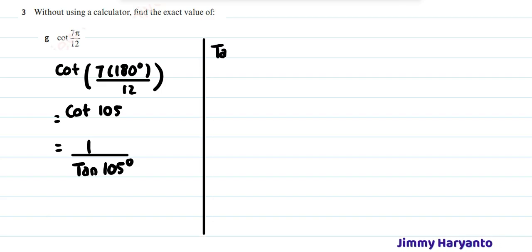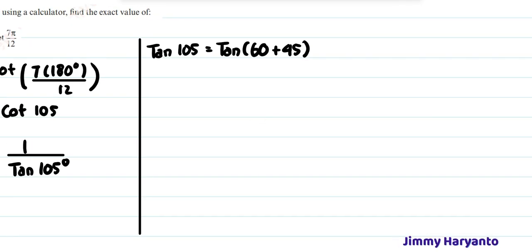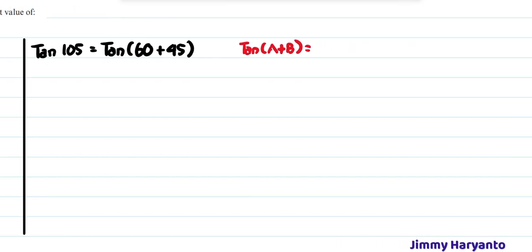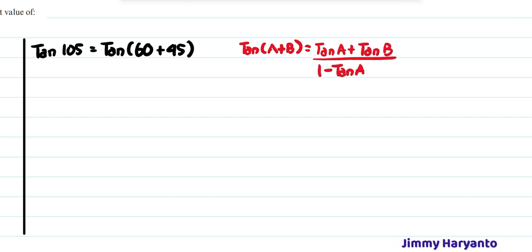So tangent 105 is the same as tangent of 60 plus 45, and the formula is tangent of (A plus B) equals tangent A plus tangent B, divided by 1 minus tangent A tangent B. Let's use this formula to find the result of tangent 105.